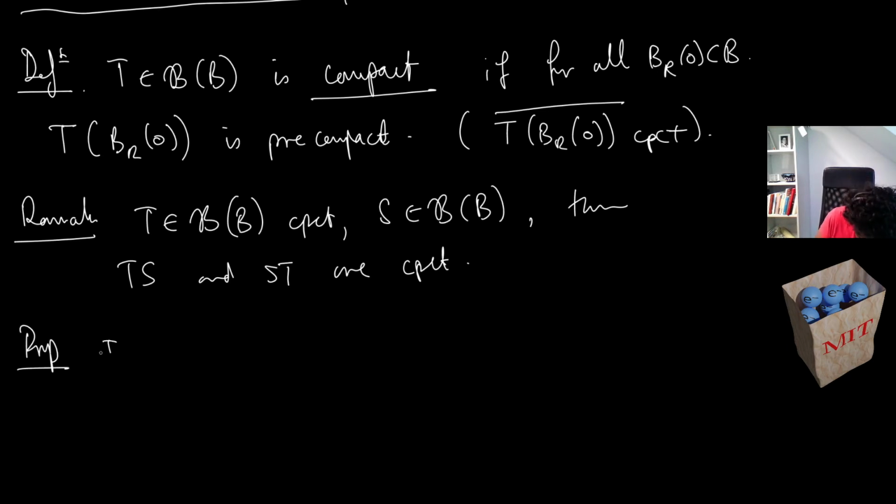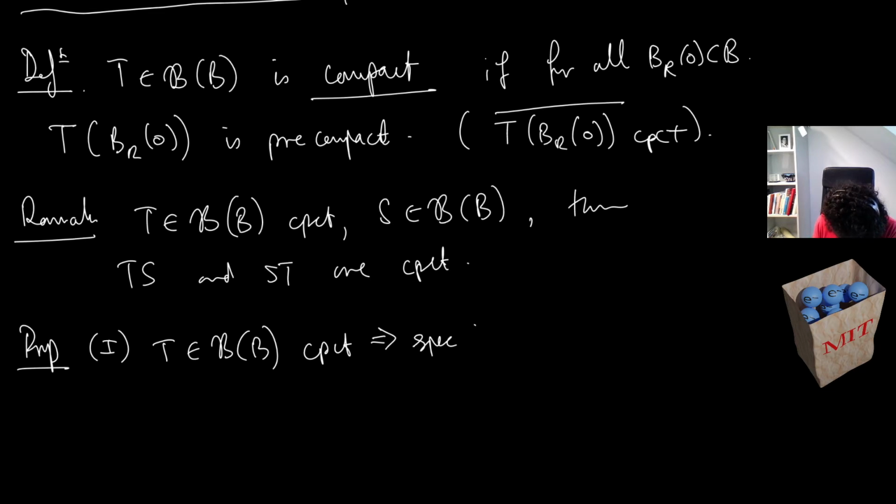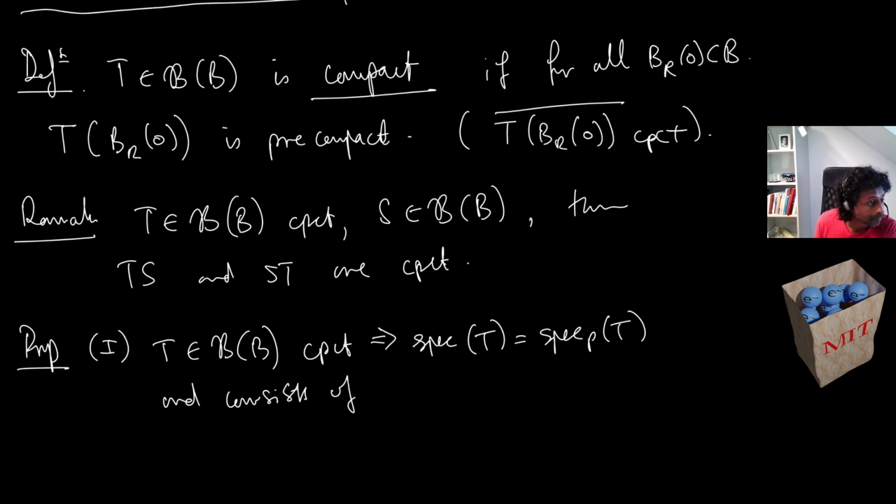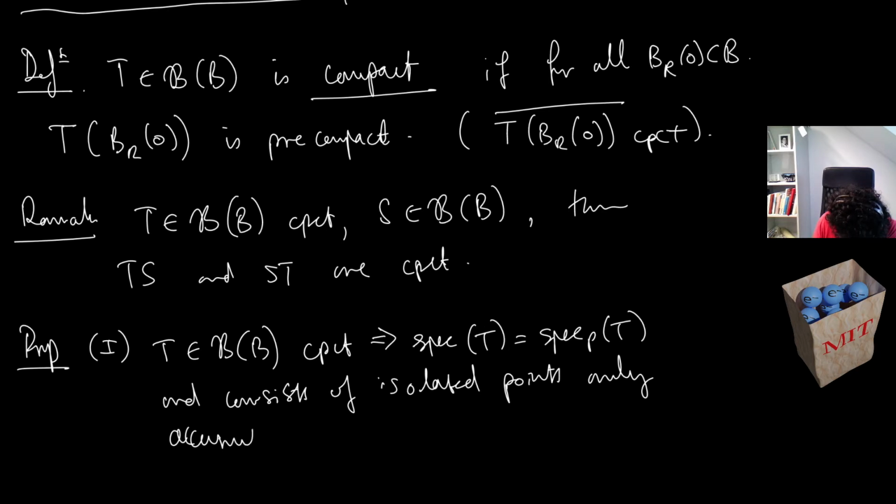So one, if T is a compact operator, then that means that the spectrum of T is just pure point, and consists of isolated points only accumulating at 0.